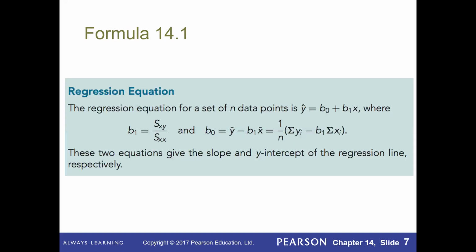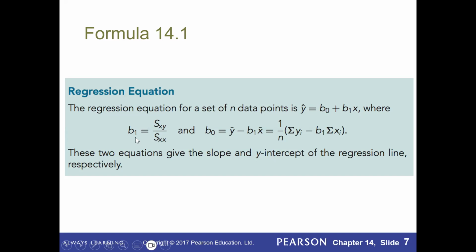So the regression equation is written as y hat, because it tells us the estimated value, equal to beta naught plus beta 1 times x. X is our independent variable, which means that the value of y depends on the value of x here.